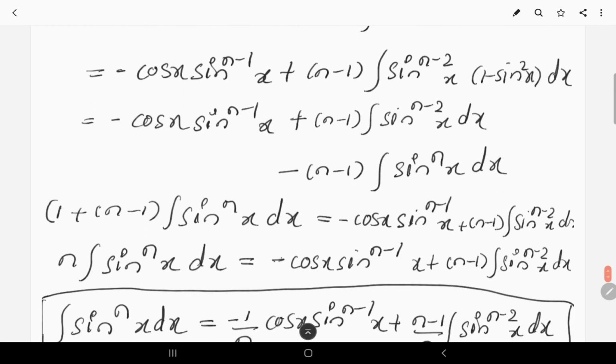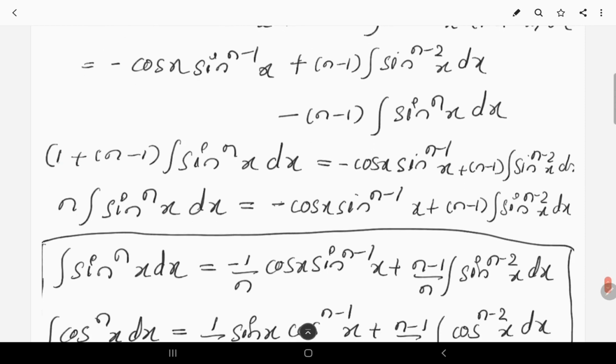But it is already in the left hand side, this form is in the left hand side, so take it to this side, already integration of sin raised to n x dx is there. So 1 plus n minus 1 integration of sin raised to n x dx is equal to minus cos x sin raised to n minus 1 x plus n minus 1 into integration of sin raised to n minus 2 x dx.